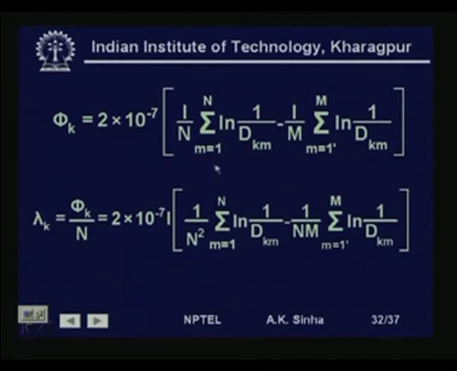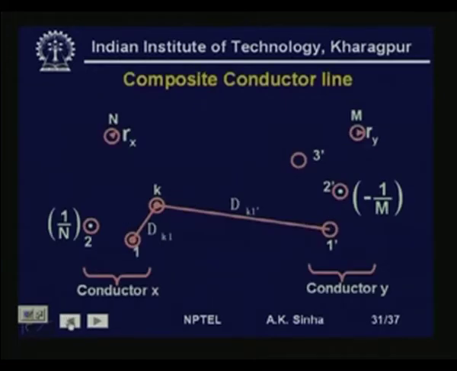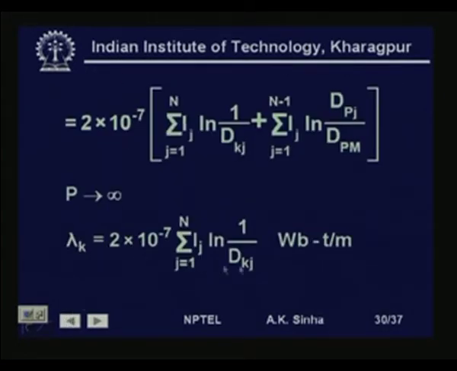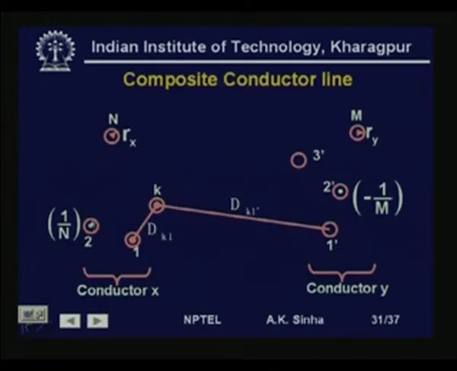That is, using this relationship for this set of conductors, we are finding the flux linkage due to current in all the conductors in X as well as all the subconductors in Y. So, we are adding all those fluxes.